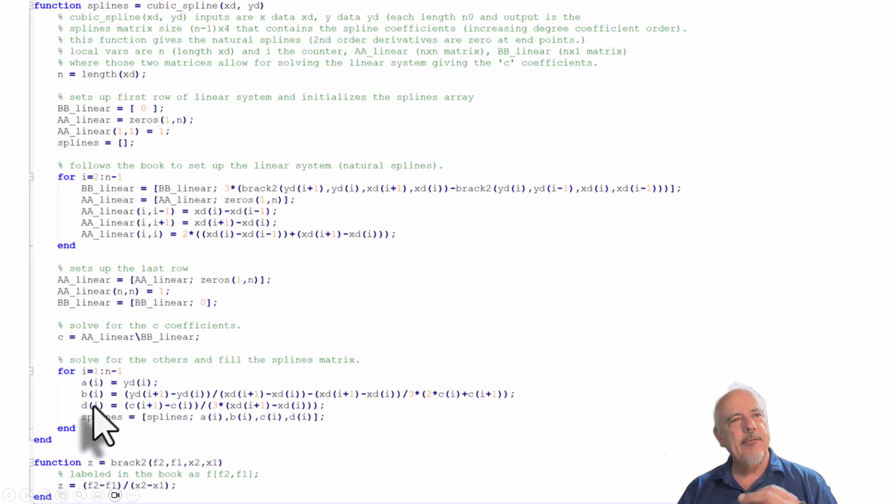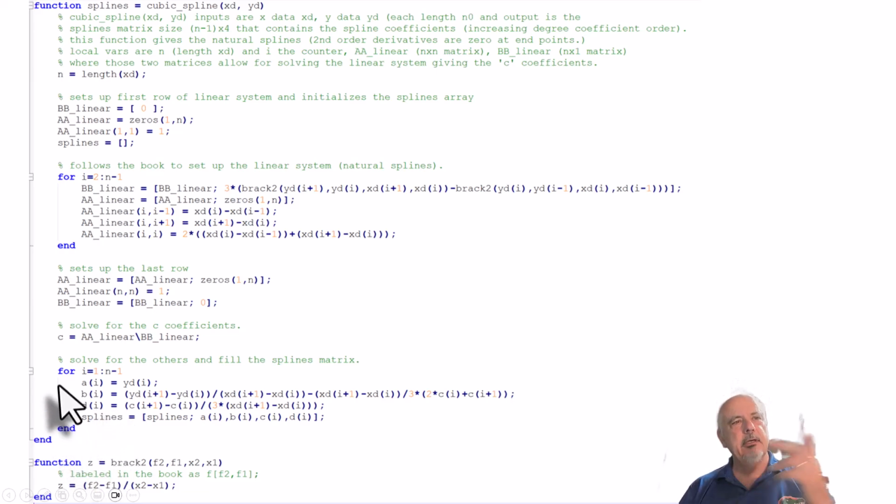All right, so I've got my C's taken care of. I got my A's taken care of. I got my B's taken care of. I got my D's. So all I need to do now, I had initialized splines to be empty. So the first time through, I'd have empty concatenating with the very first spline segment, A, B, C, D. And then the second loop through the for loop, I would take the previous spline matrix and concatenate the current spline as the very next row.